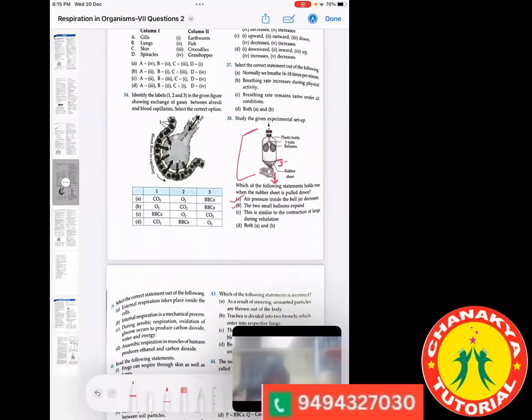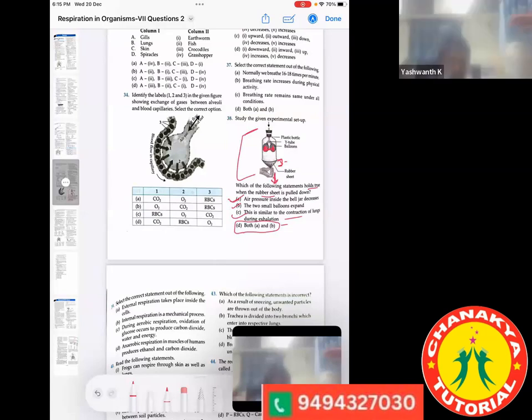Second, the two small balloons expand, so these balloons will start blowing. Third, this is similar to the contraction of lungs during exhalation, so this is the same as how the lungs behave. What holds true? The answer is D, A and B. Air pressure will be decreasing inside the jar as well as the balloons will start expanding. Okay, ma'am.